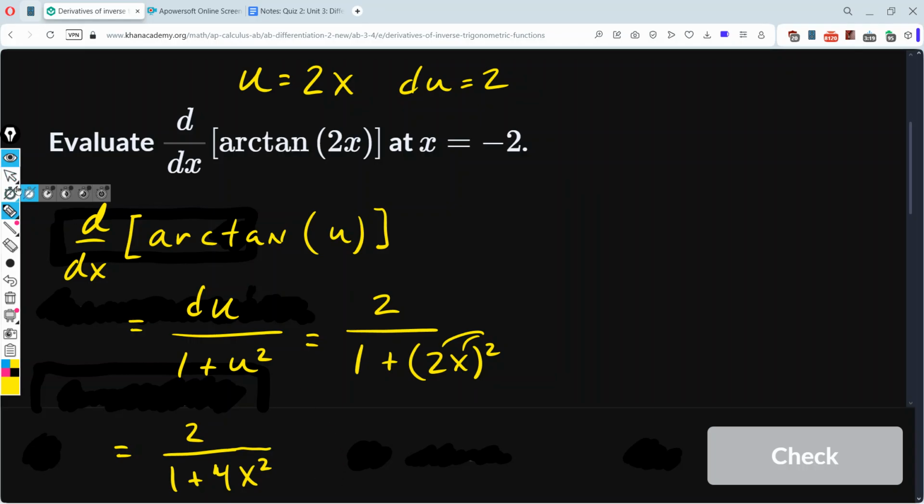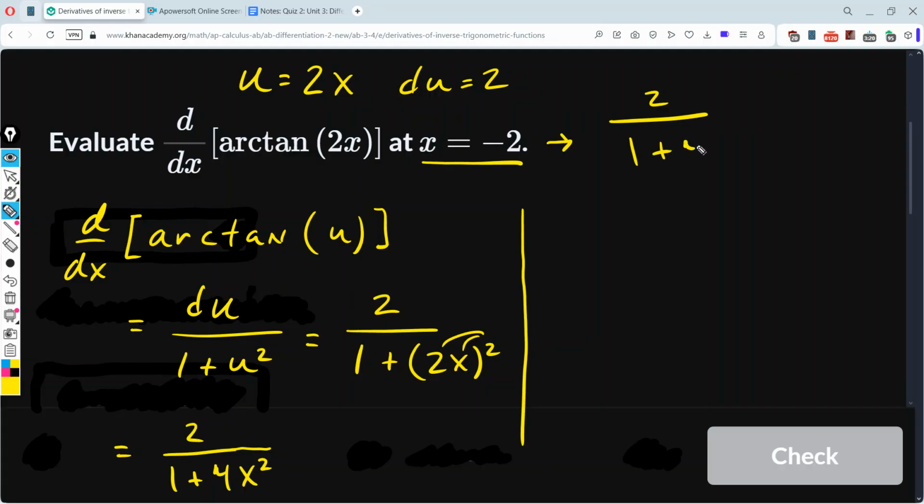All right. And now we're going to plug in what they asked at x equals -2. All right, so let's do that off to the side here. At x equals -2, that's going to be 2 over 1 plus 4x squared. So that's going to be -2 squared.